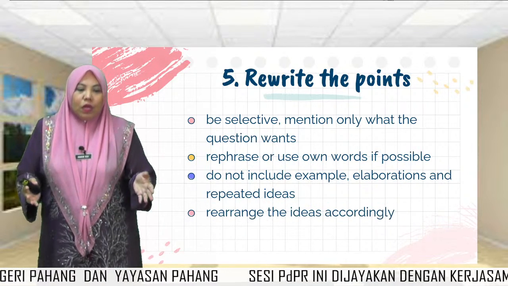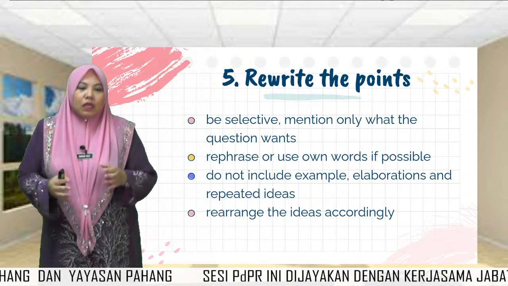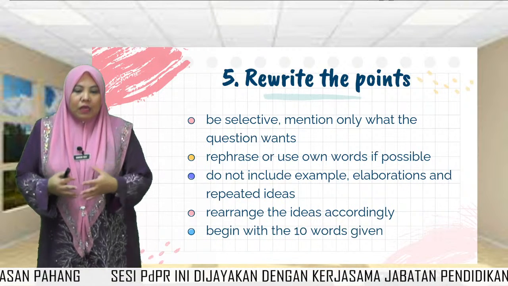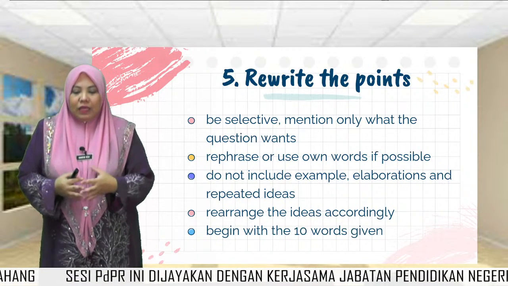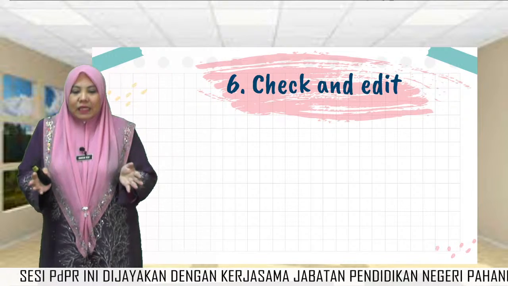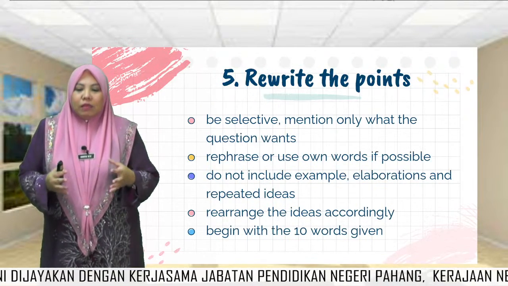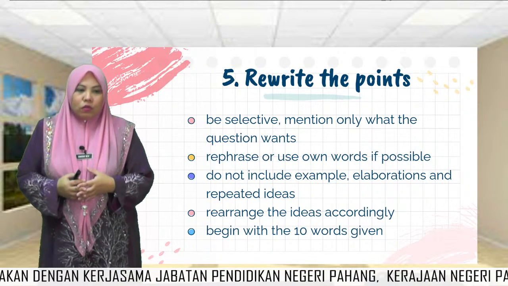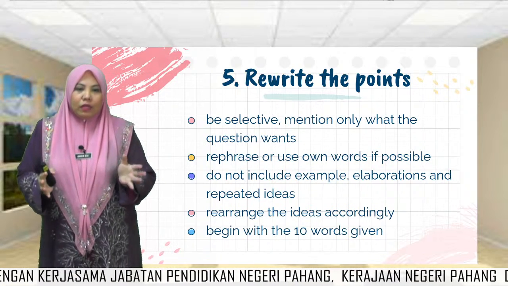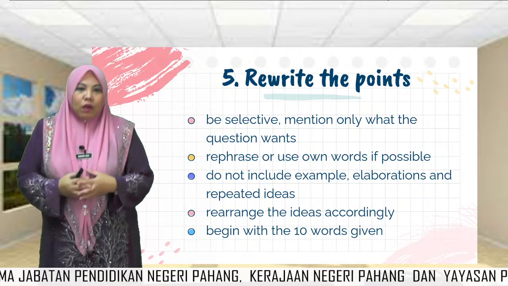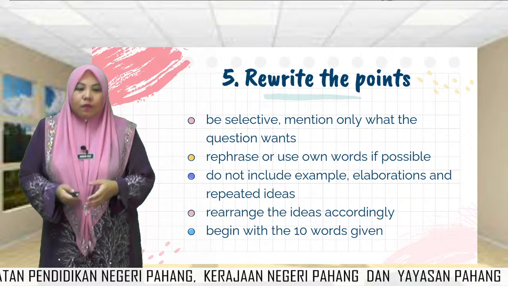Number 4, rearrange the ideas accordingly. And the final one would be, begin with the 10 words that are given in the instructions. Since the accepted word limit is 130, this means you are only allowed to write 120 words. Try not to write more than that.